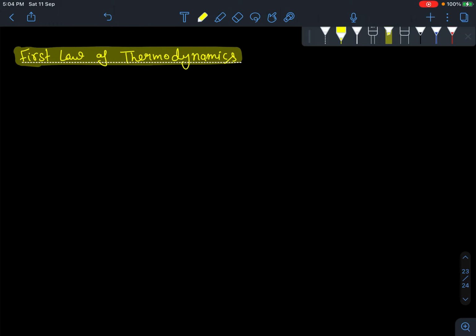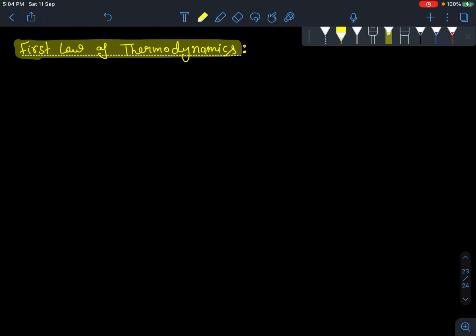For understanding it, let us take a system. Suppose for simplicity I am taking a system of an ideal gas, and this is the external agent.